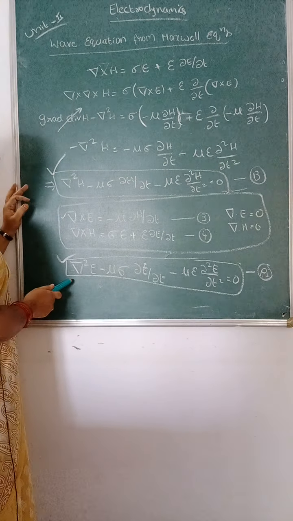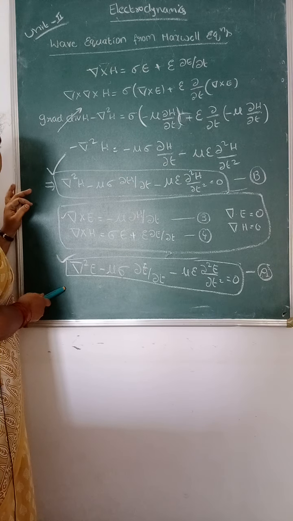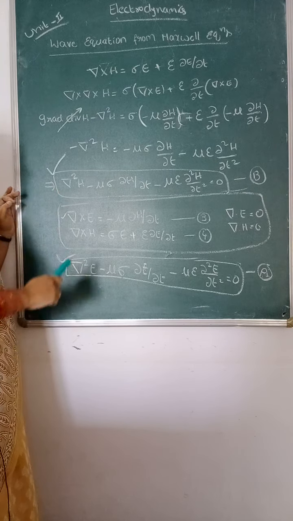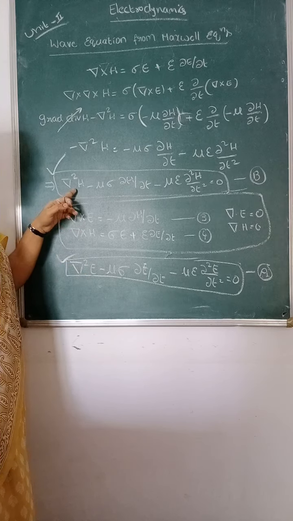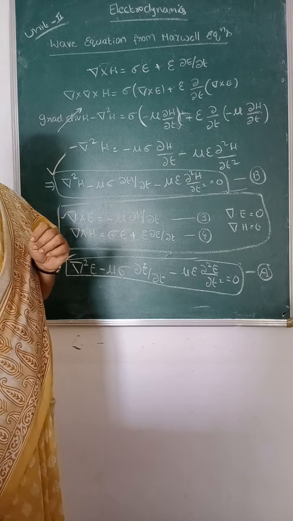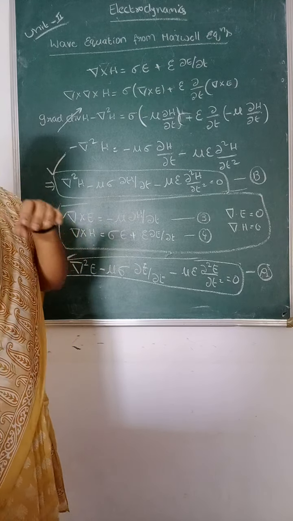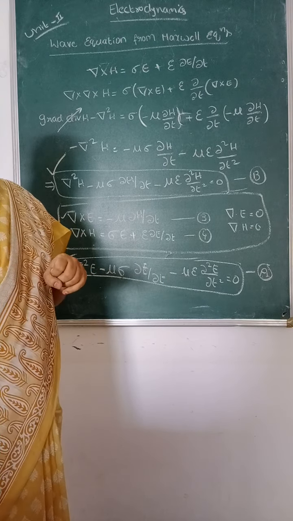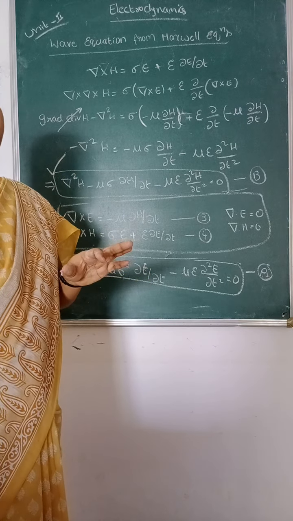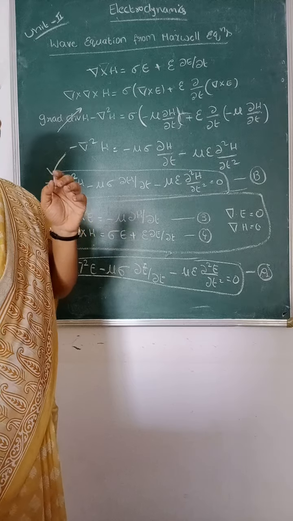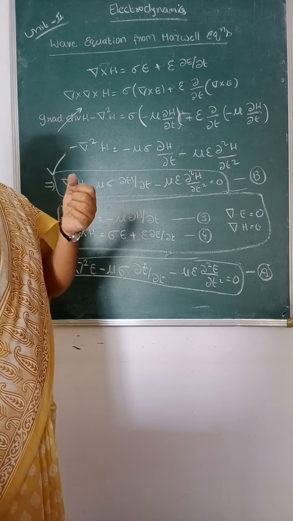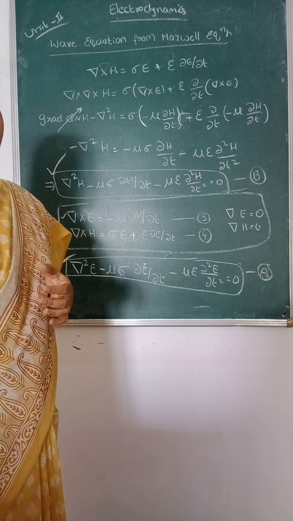These two equations are called the wave equations of the electric and magnetic field vectors, that is E and H, in a uniform isotropic medium. So these two characterize the wave equations for the electromagnetic wave traveling in a uniform field characterized by the vectors D, B, J, and current density equal to 0.